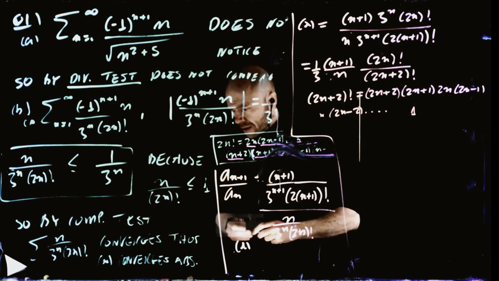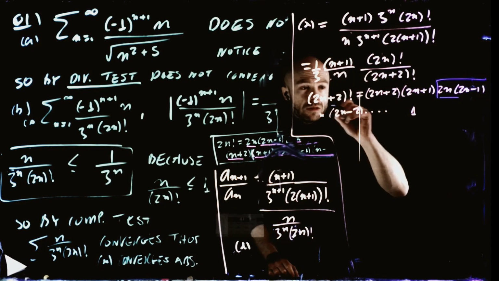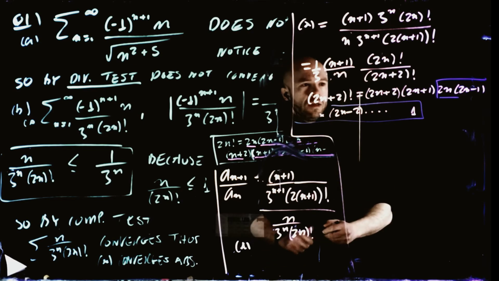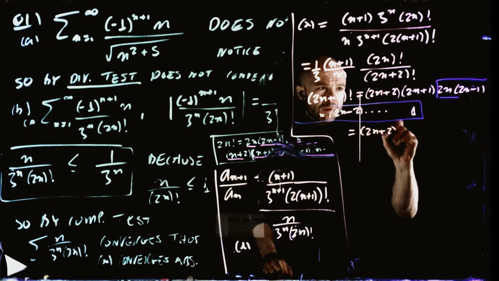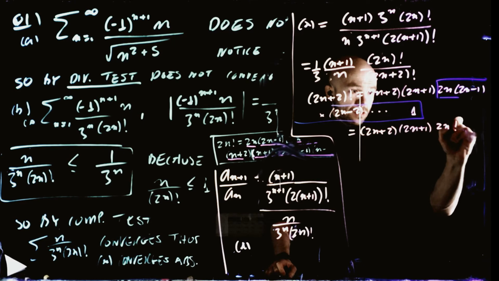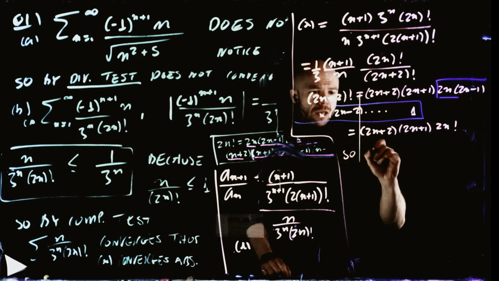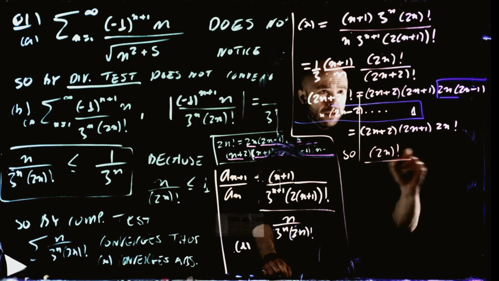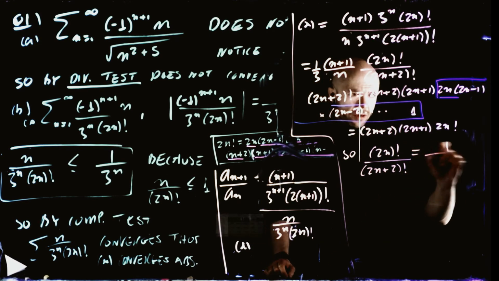And if we look at all these terms from this thing onwards, that is just the same as 2n plus 2, 2n plus 1, 2n factorial. So in this thing, 2n factorial over 2n plus 2 factorial, we have a big cancellation. We just have on the bottom 2n plus 2, 2n plus 1.